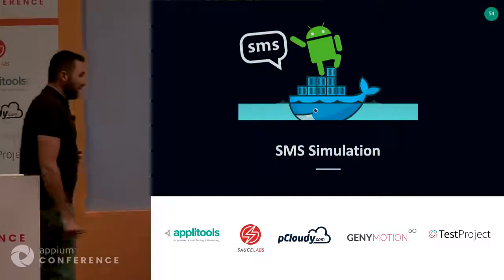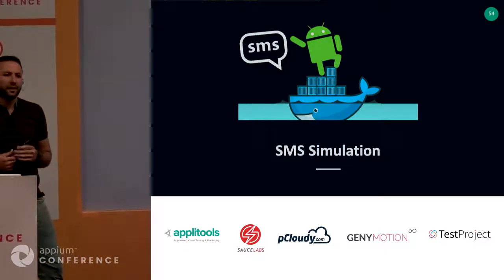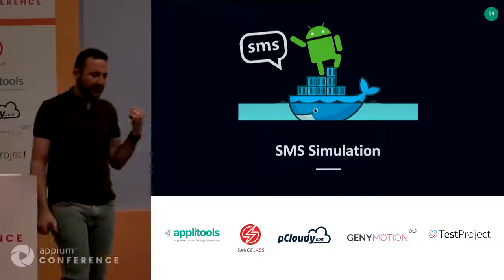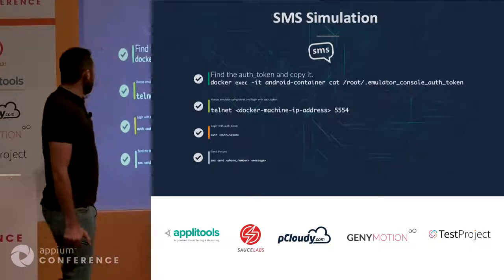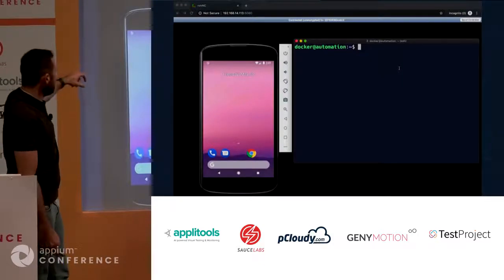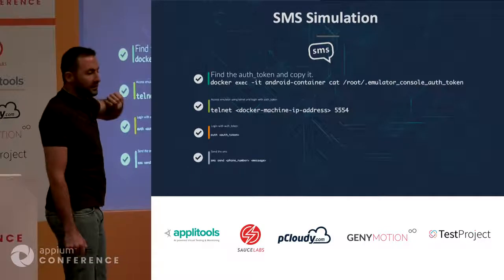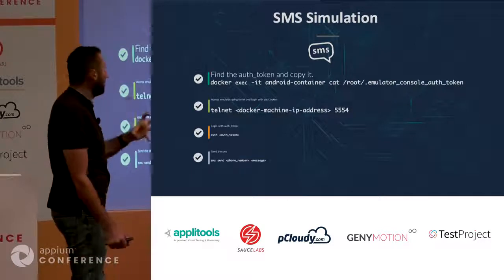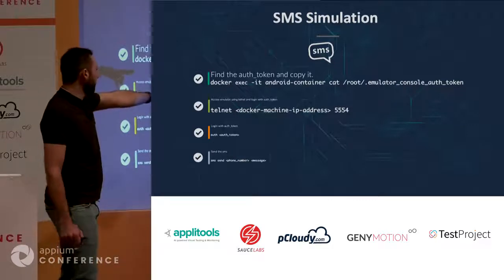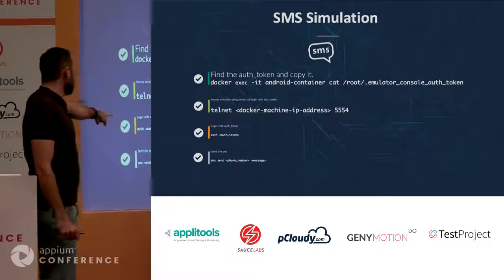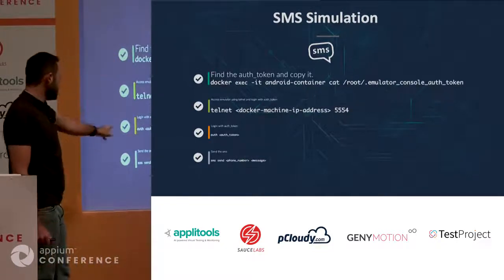Okay. So there is another thing: how you can simulate SMS. It's super easy. You just take the authentication token from the container, and then you do telnet to the container IP and 5554, and then authenticate with the authentication token copied upstairs, and then send the SMS.